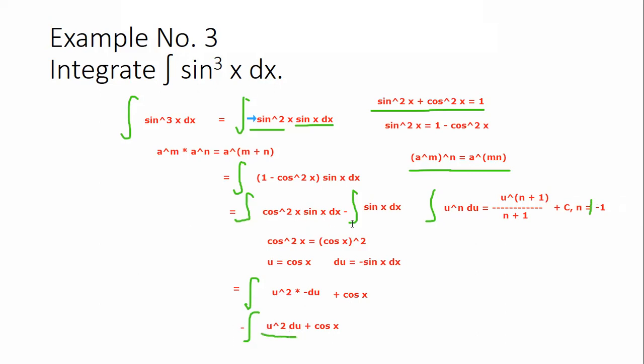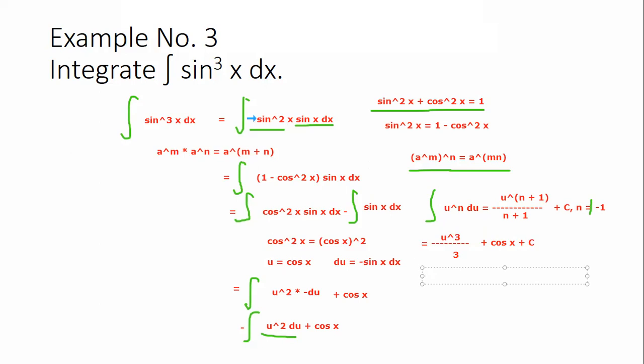So the equation will look like this, which is equal to u raised to 2 plus 1, or u raised to 3, over 3, and plus cosine x. However, since we did u substitution, we're going to replace the u by its original function, which is cosine x.